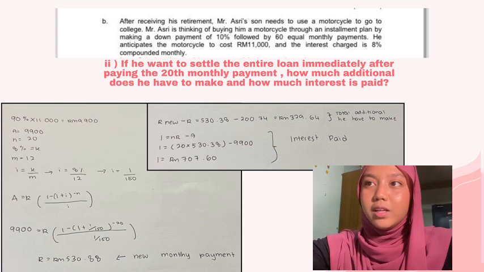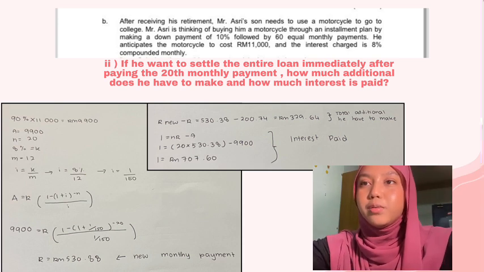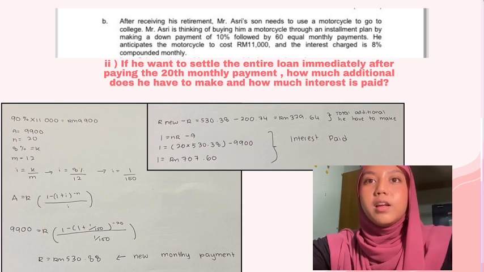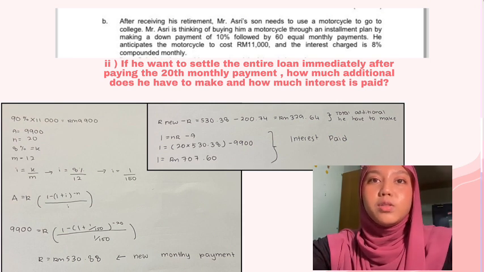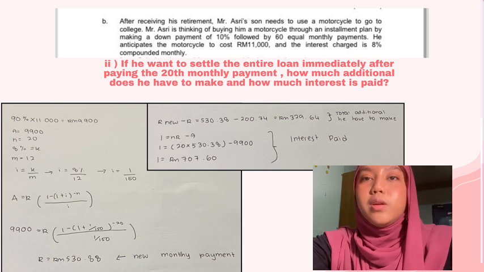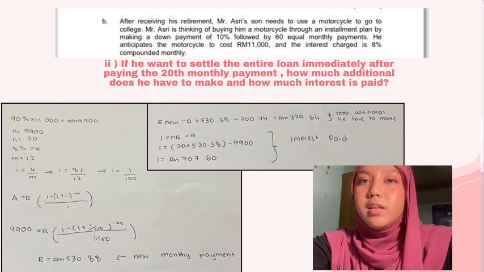To find the total additional we have to pay, we use the formula R new minus R. So 530 ringgit and 38 cents minus 274 equals 30,029 ringgit 64 cents. And to find the interest paid, we use the formula I equals nR minus A. I equals 20 multiplied by 530 ringgit 38 cents minus 9,900.